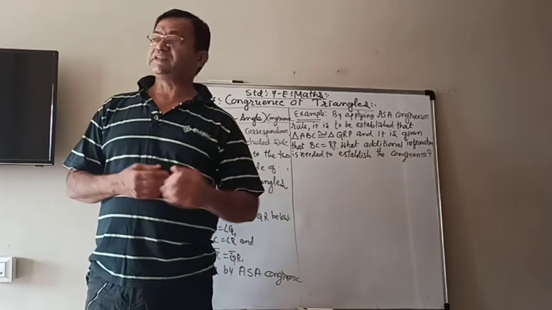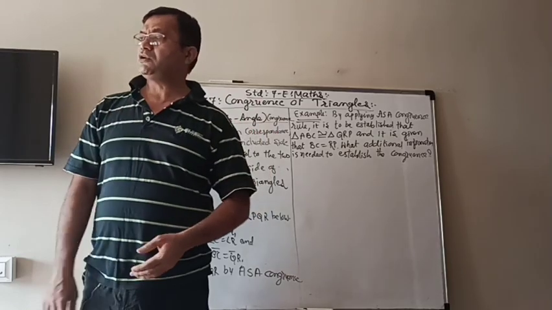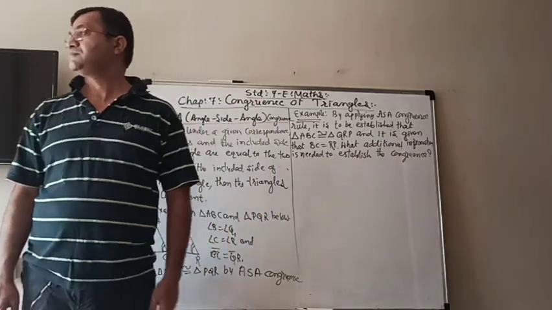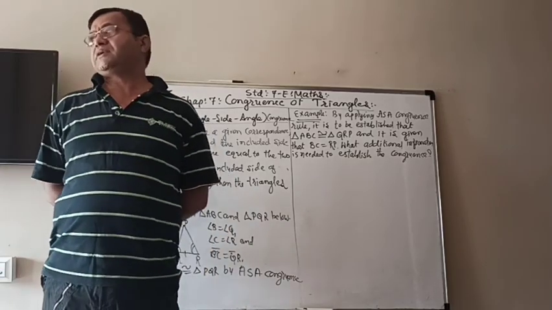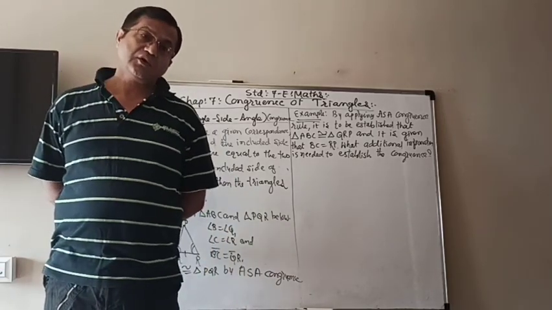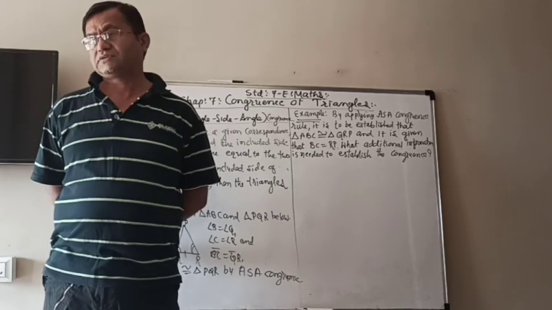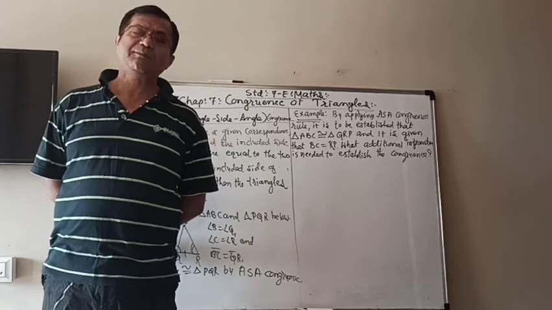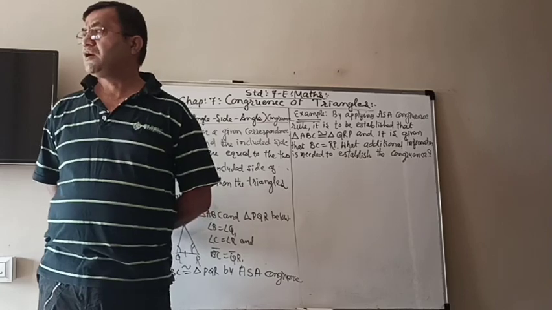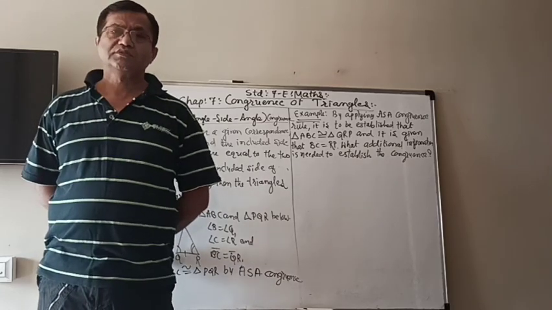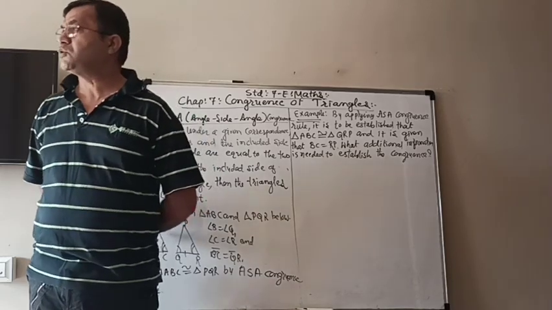Only then can we say that. But after that we saw some criteria. It means that according to those criteria, we only have to check three pairs of the congruent parts, and from that also we can say that the triangles are congruent.